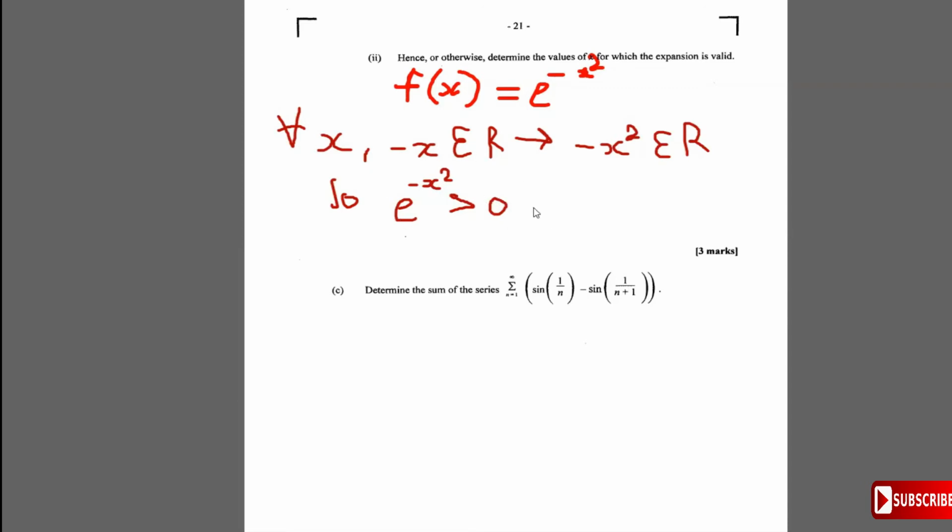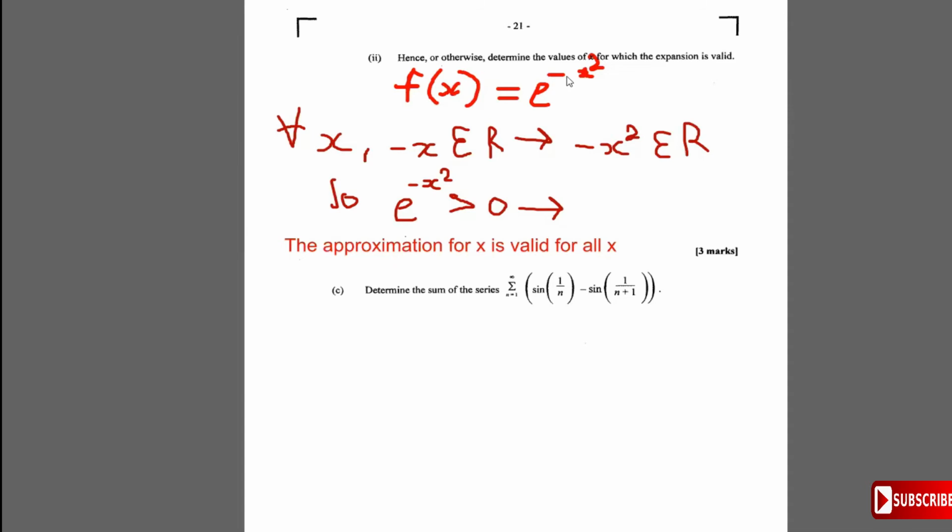This will always be greater than 0, which implies the approximation for f for x is valid for all x. All right, that clearly makes it valid. So any x value you plug in, it's going to be positive.